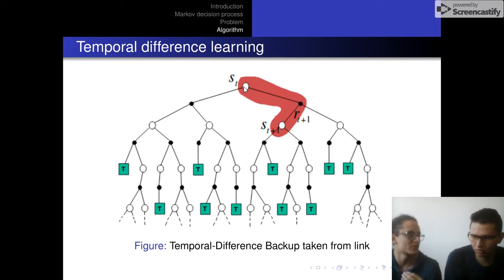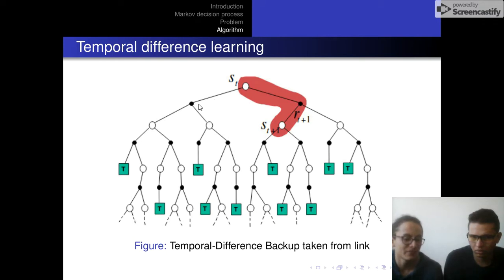We stop when we win the game or when we lose, or something that tells us that this is an episode. For example, this path can be an episode, or this other path can be another episode, and this is the terminal state.